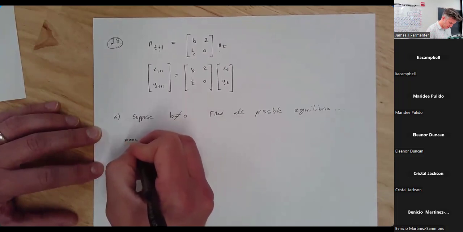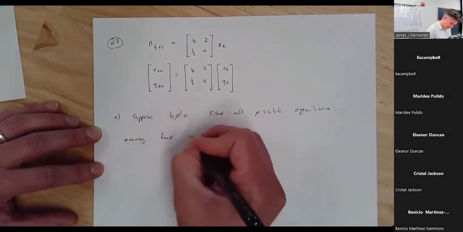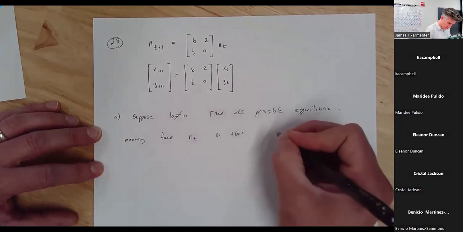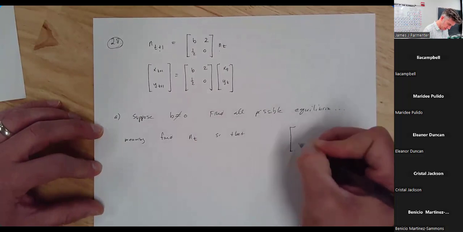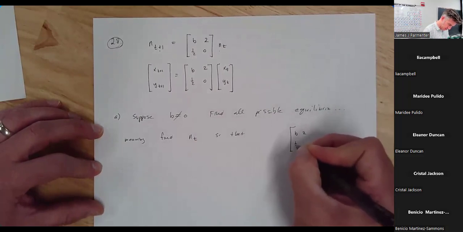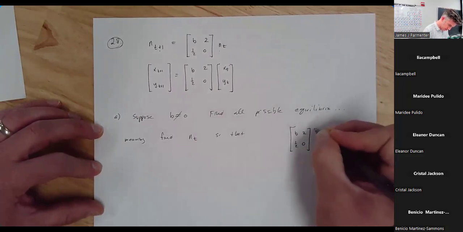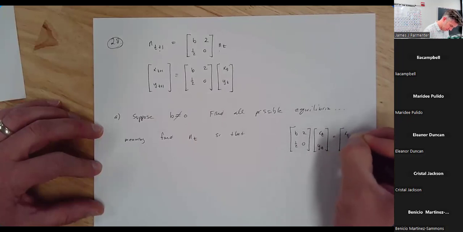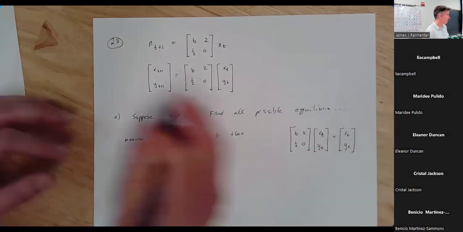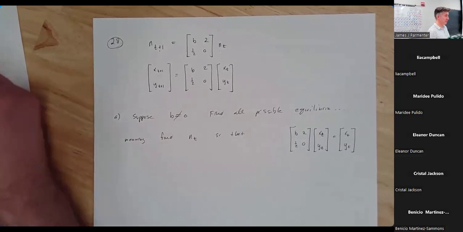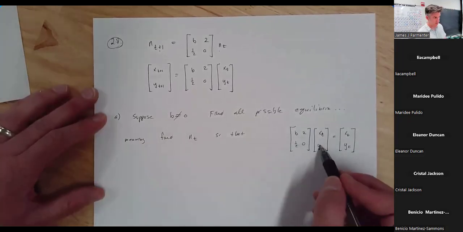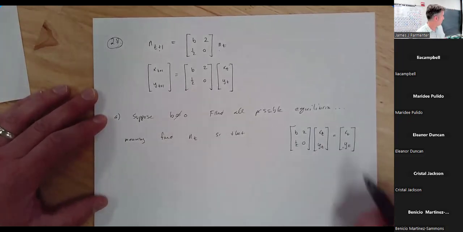Meaning, find n sub t so that when you multiply the matrix by n sub t, you get back the same vector. We've talked about equilibria before. They're the things that when you do a thing to it, they don't change. So multiplying the matrix by the equilibrium should give you back the same equilibrium.